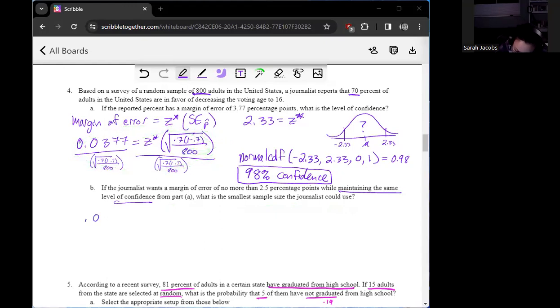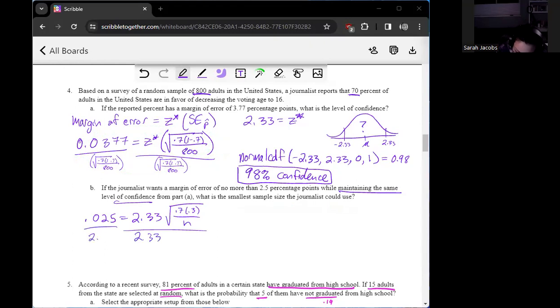You can thank one of your friends for asking for a lot of calculate-the-sample-size problems. We now know our critical value is 2.33 for this level of confidence. And our standard error is the square root of 0.7 times 0.3, just 1 minus 0.7, all over n. Just like we did before.